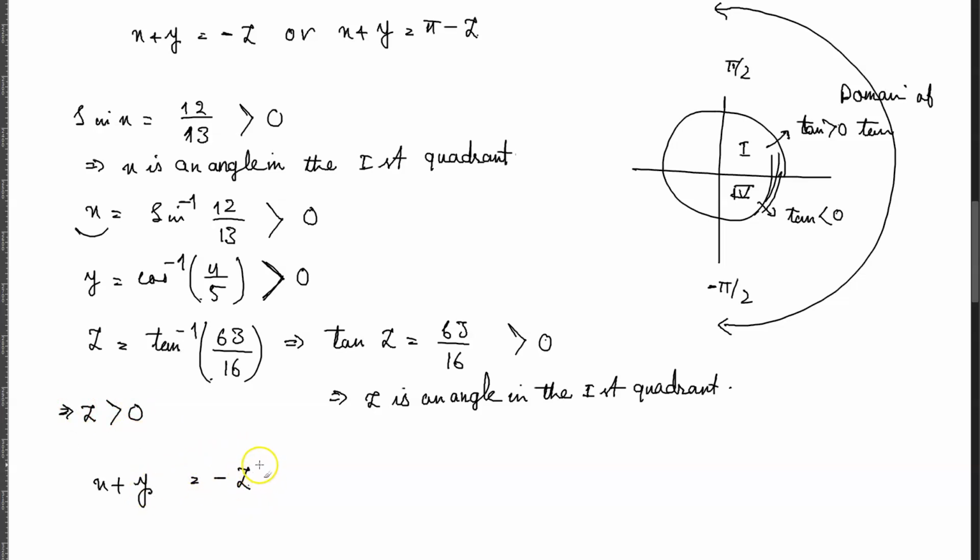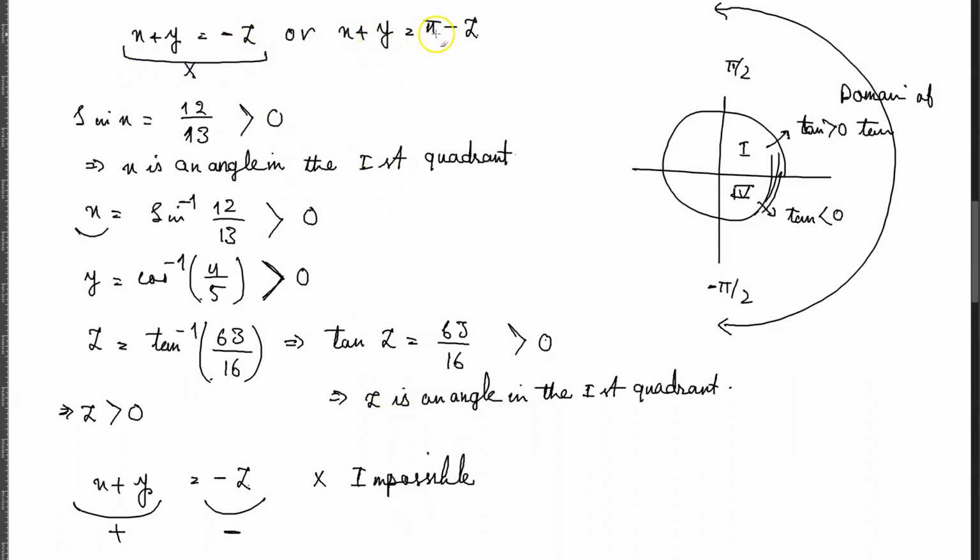A positive value plus a positive value equal to a negative value, because negative times positive is negative, so this side becomes positive, this side becomes negative, which is impossible.